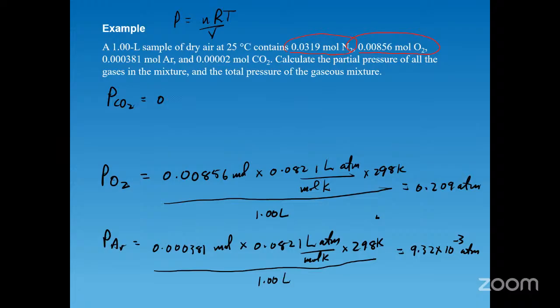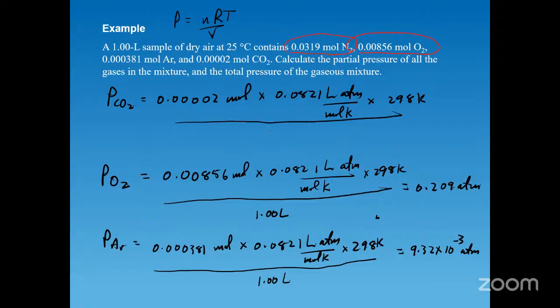That will be 0.00002 moles times R, which is 0.0821 liters atmospheres over mole Kelvin, times the temperature, which is 298 Kelvin again, and all divided by 1.00 liters.